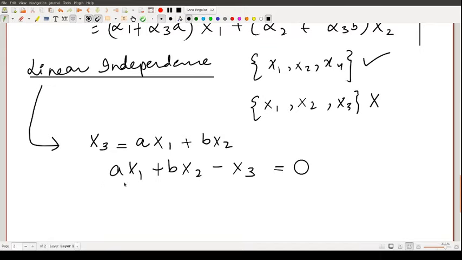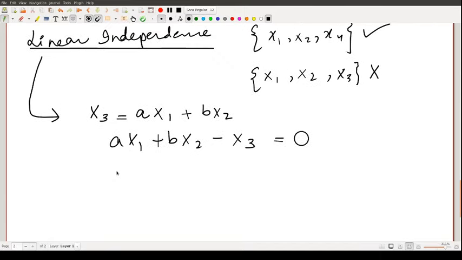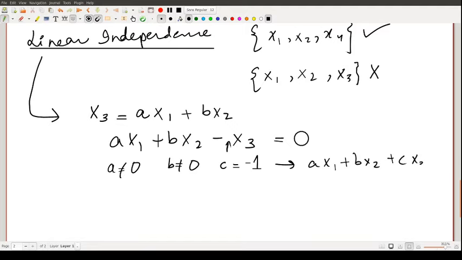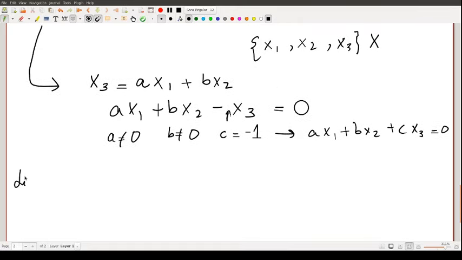That there is some linear combination of these three vectors such that a is non-zero, b is non-zero, and there is another c which is equal to minus 1, and a x1 plus b x2 plus c x3 is 0.